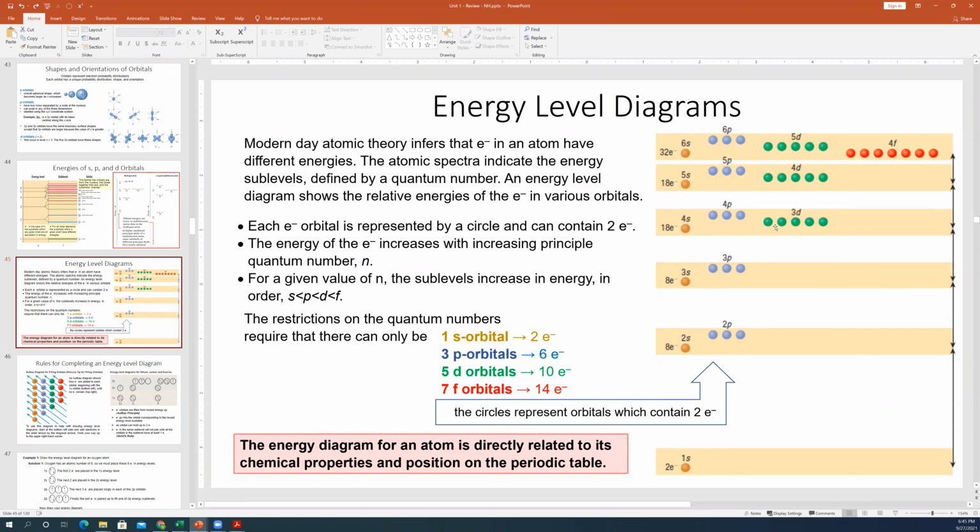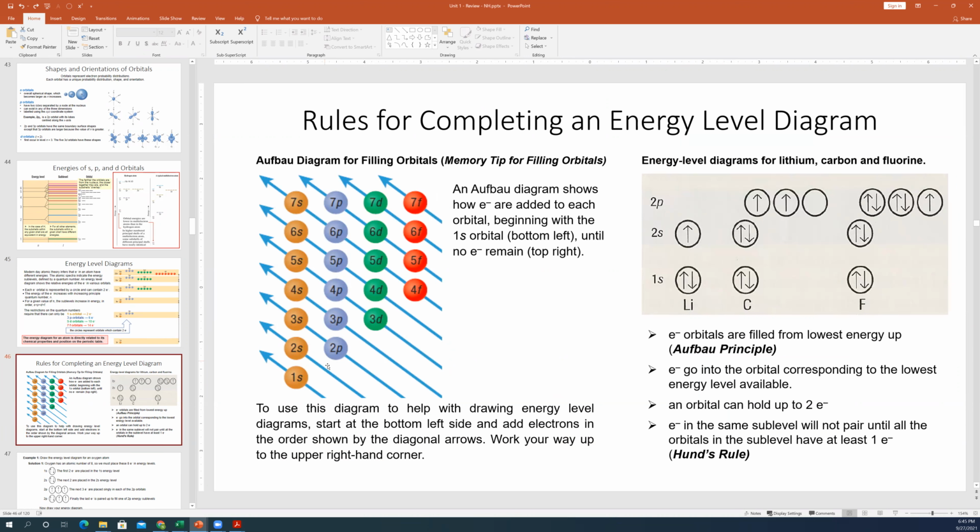So 4s comes and then 3d and then 4p, because you can see that 4p is a higher energy than 3d. So that's why 4p comes after 3d. If you follow along, you can fill in the energy level diagrams this way. And again, each orbital holds a maximum of 2 electrons, which we show with spin up and down notation here.